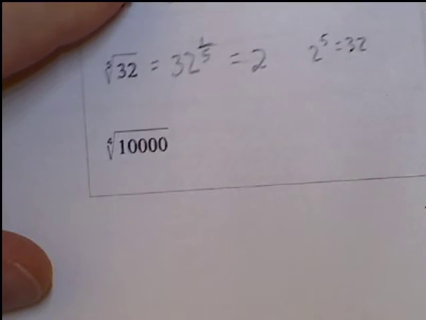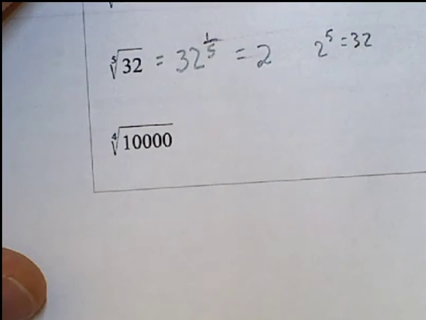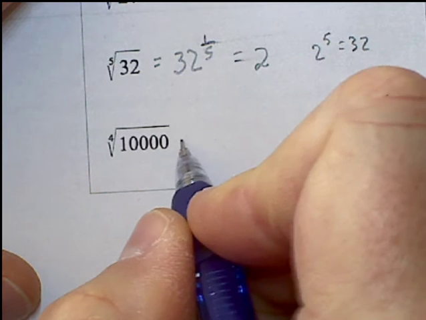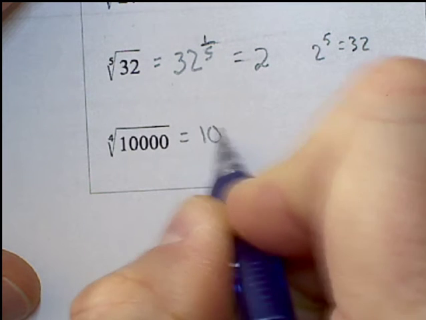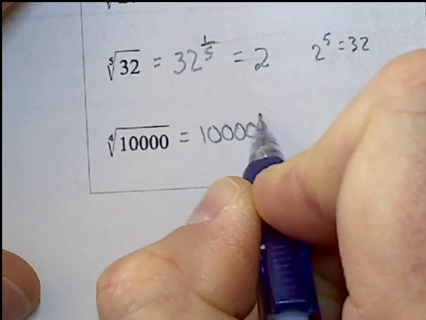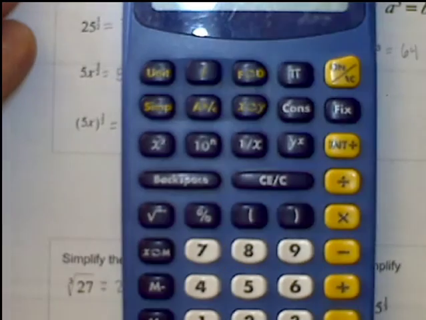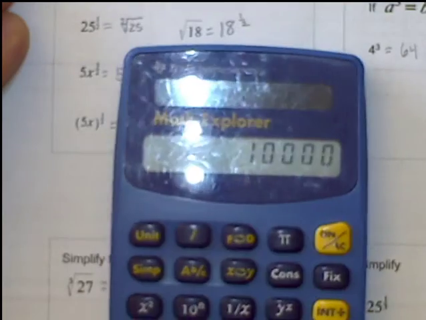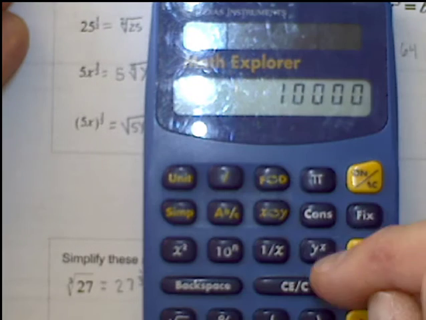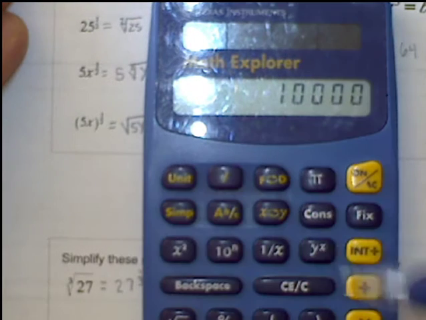All right, we'll do the same thing with this one. For the 4th root of 10,000, that's 10,000 to the 1/4 power. And then on the calculator, put in 10,000. And then the button you push is this y to the x right here.